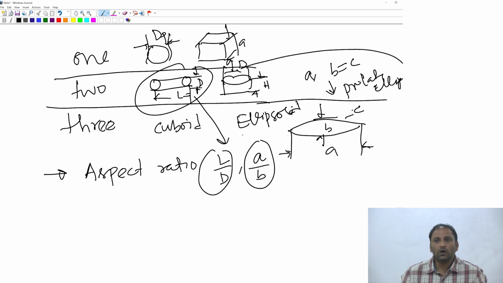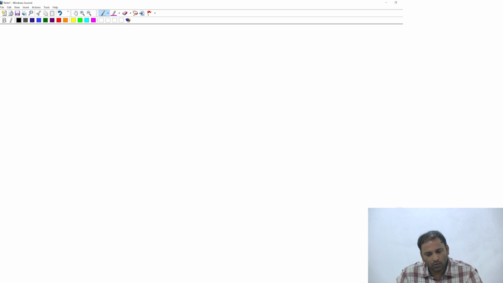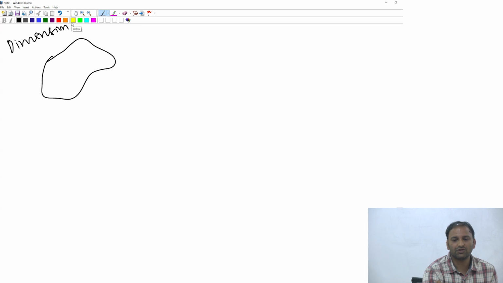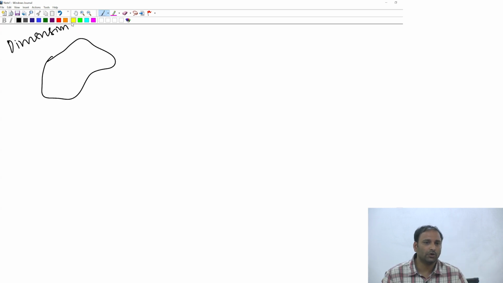Now, when you work with regular particles, if somebody comes and asks me what the dimension of this particle is, I can quickly take a scale and measure it. I can specifically say what the size of the particle is. However, if you are working with some arbitrarily shaped particle, say you have some shape like that, and I want to calculate the dimension of the particle, what do you think one could do?